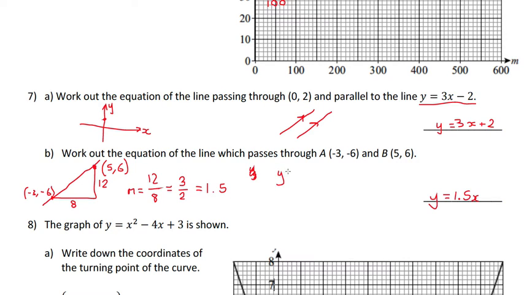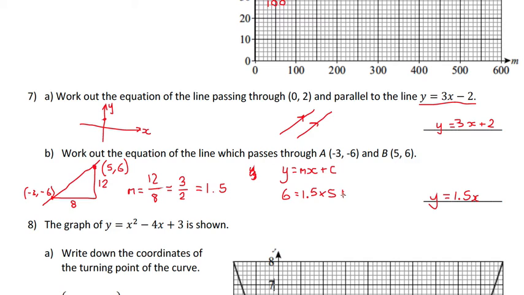Let's write down our general formula for the equation of a line, and let's substitute in the things we know. We know that y is 6. We know the gradient is 1.5. We know the x-coordinate is 5.